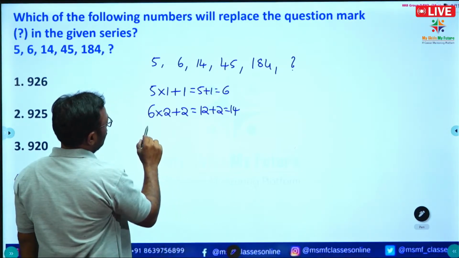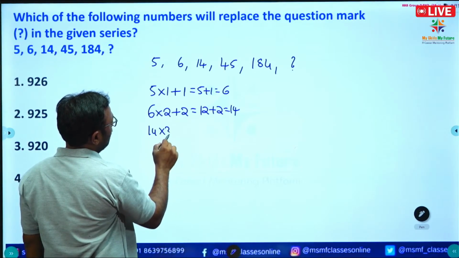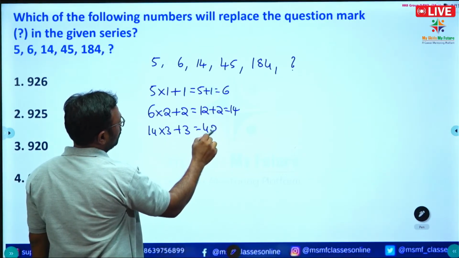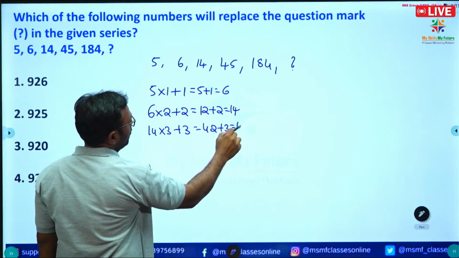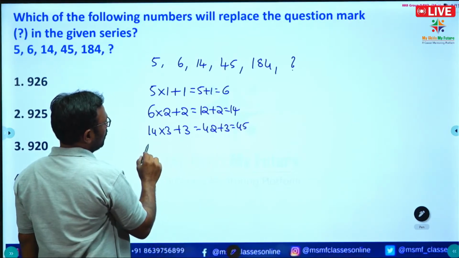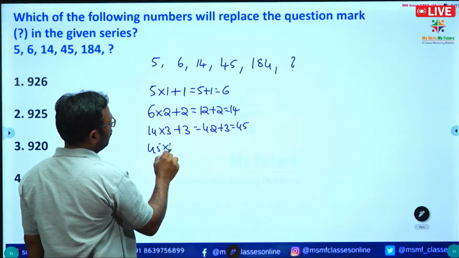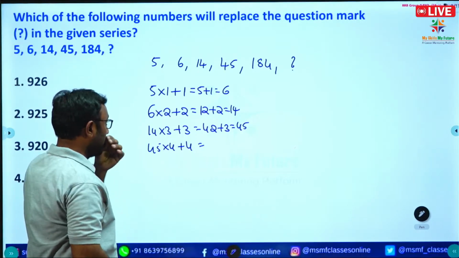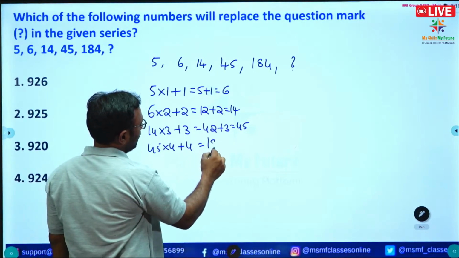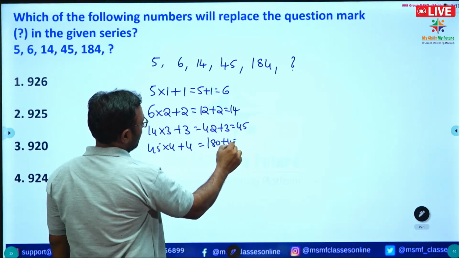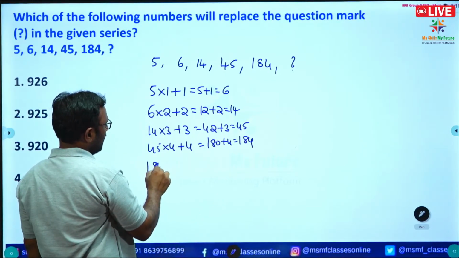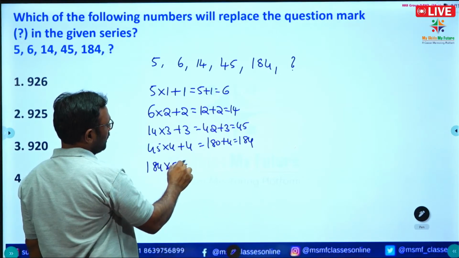Next 14 into 3 plus 3: 14 threes are 42, plus 3 we get 45. So 45 into 4 plus 4: 45 fours are 180, plus 4 we get 184.